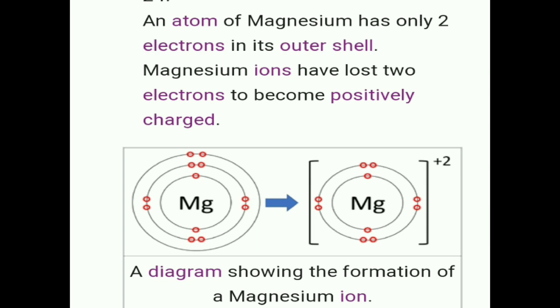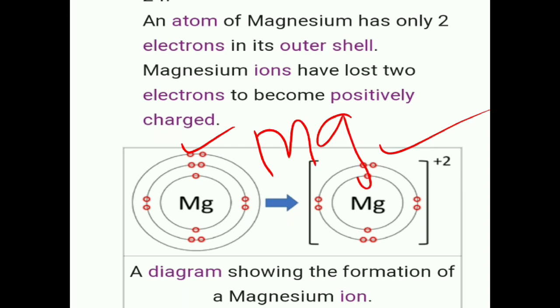If we take the example of magnesium, an atom of magnesium has only two electrons in its outermost shell. The magnesium ion is formed when it loses two electrons to become a positively charged particle or ion. So magnesium forms the Mg2+ ion because it loses two electrons.